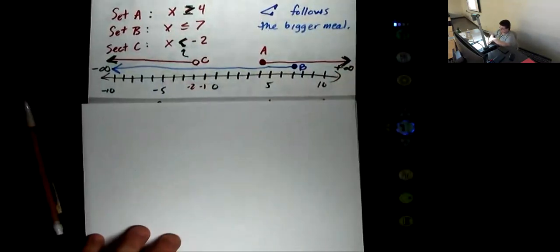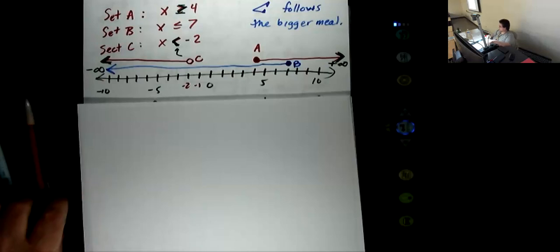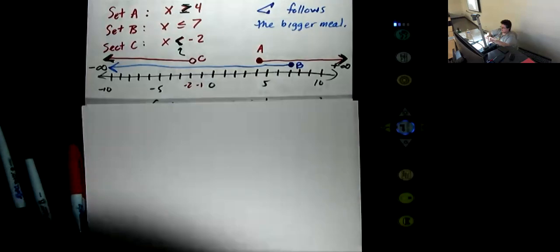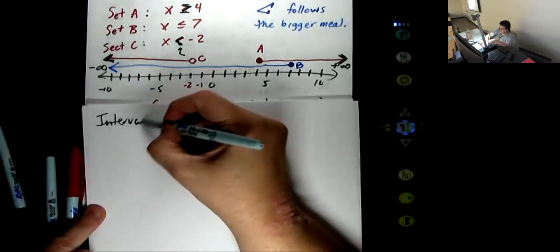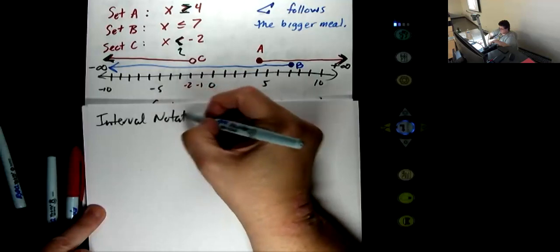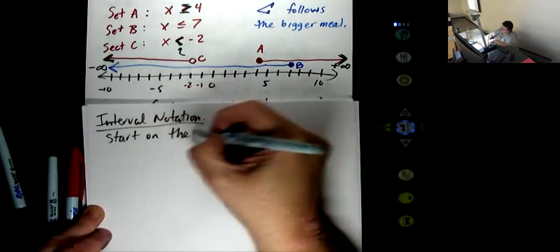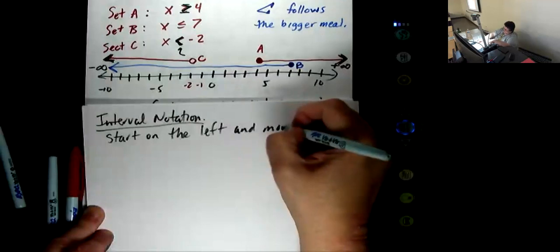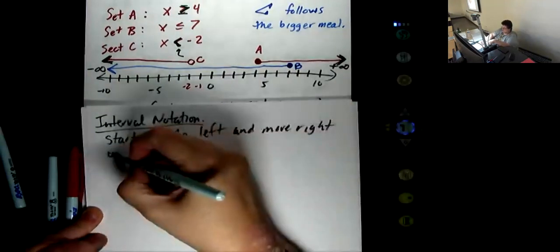Set A. I think the easiest way to write the interval notation is like this. Start on the left and move right until you intersect your line, until you touch your line.